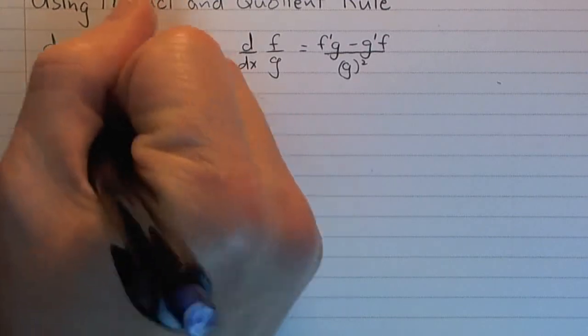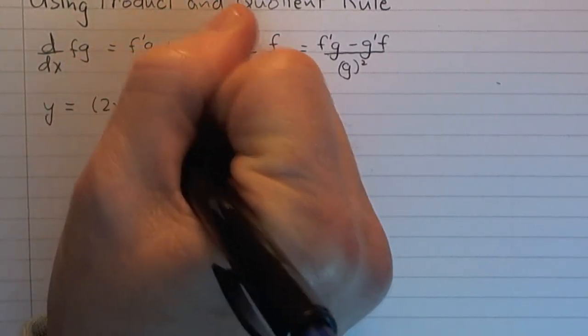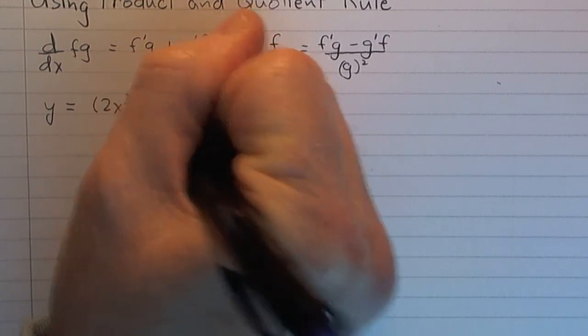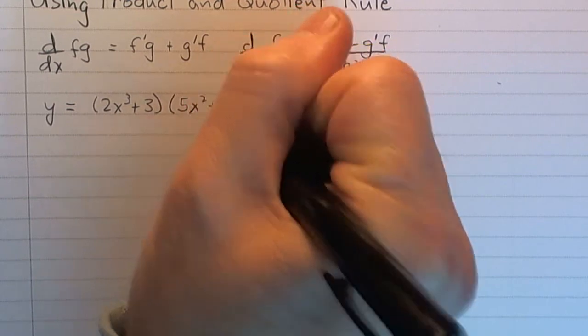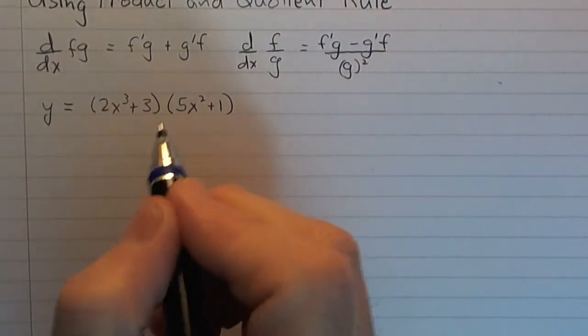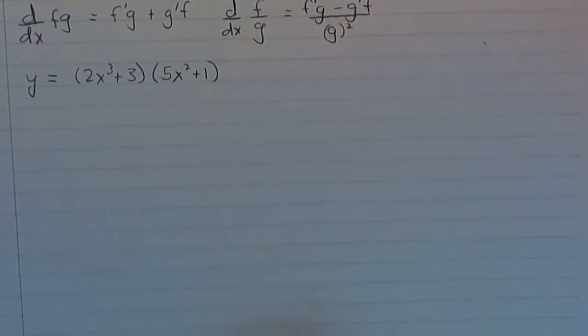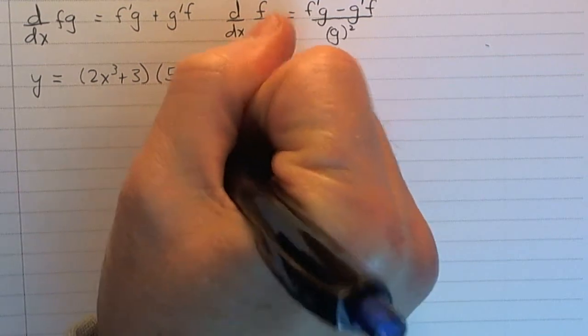So let's suppose that we've got 2x cubed plus 3 times 5x squared plus 1, something like that. And we want to differentiate this using the product rule. Well, here we go. We're going to say dy dx here.